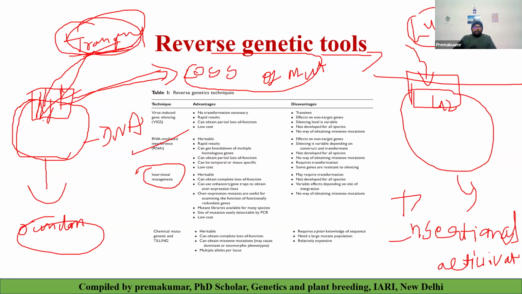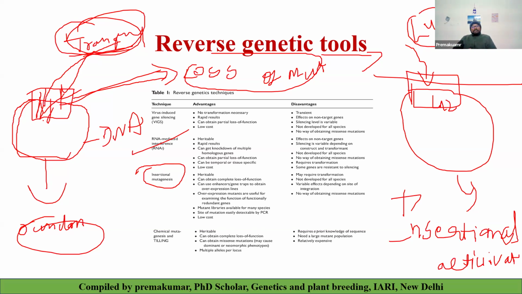Any other options? We can locate that gene by tagging it with fluorescence, sir. Yeah, that one thing you can do. There we can track at what location, in which tissue this will happen.